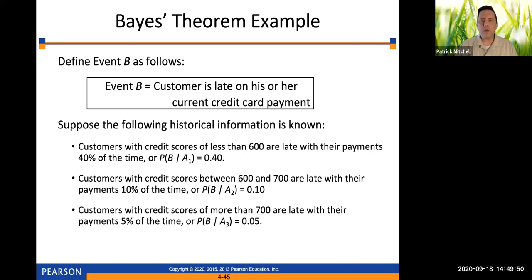Customers with credit scores between 600 and 700 are late with their payments 10% of the time, which means probability B given A2 is 0.1. And customers with credit scores of more than 700 are late with their payments only 5% of the time, which means probability B given A3 is 0.05.